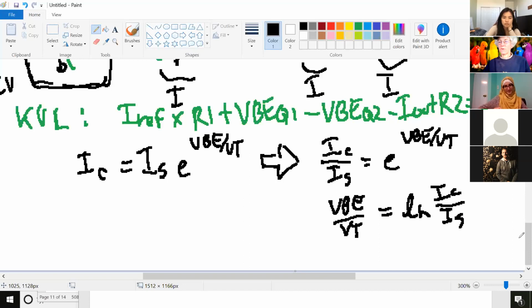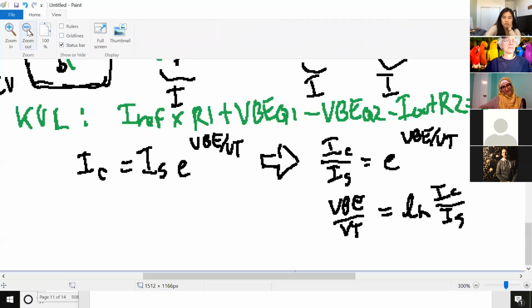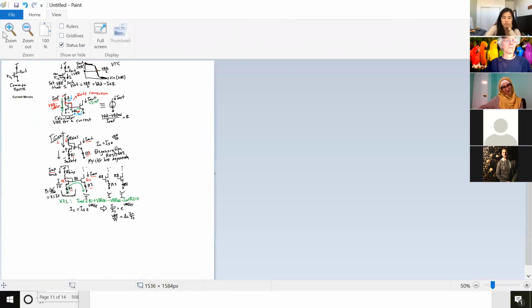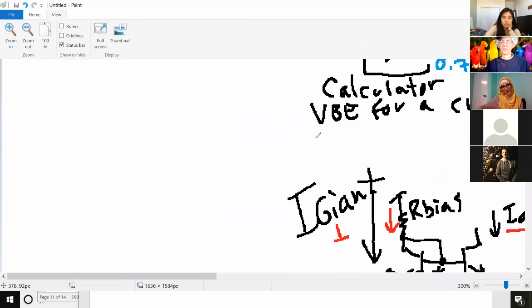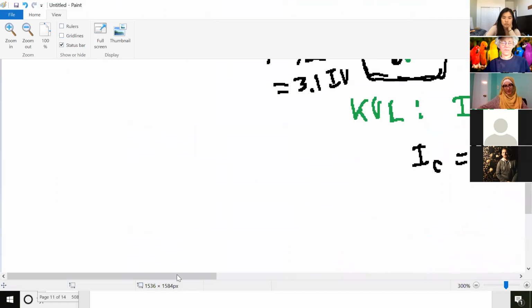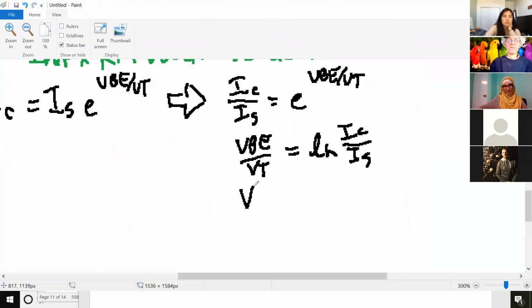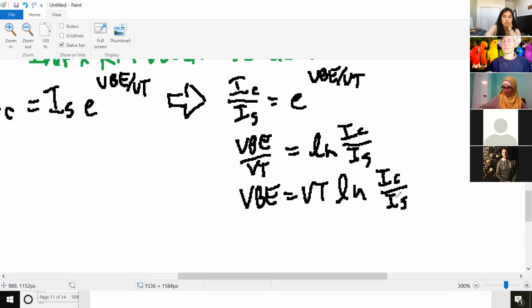And if you take it one more step, you get VBE equals VT natural log of IC over IS.